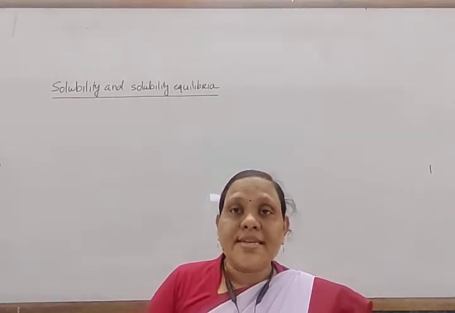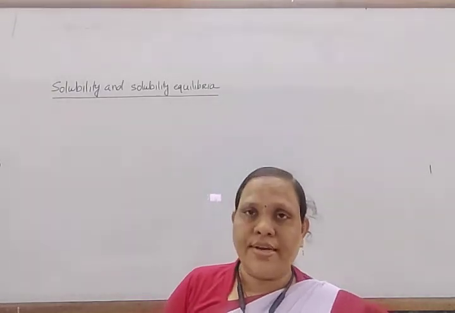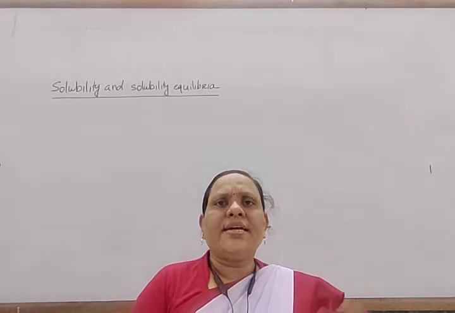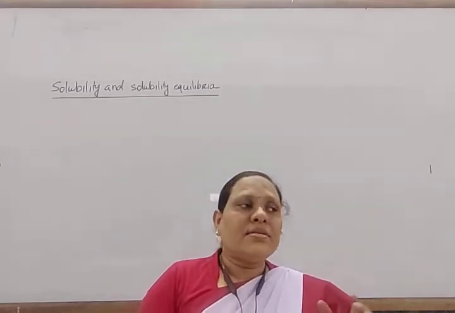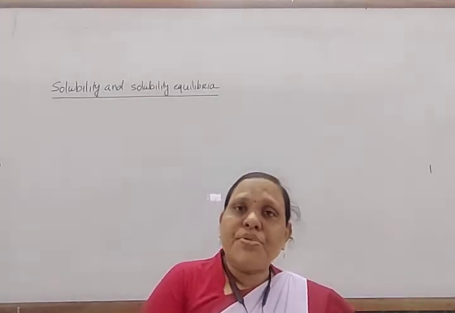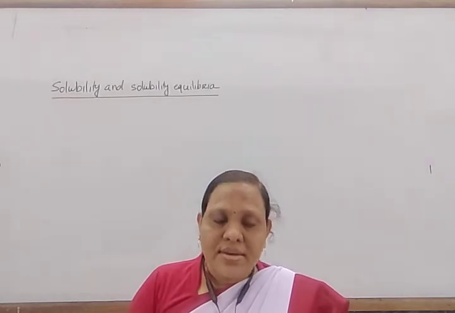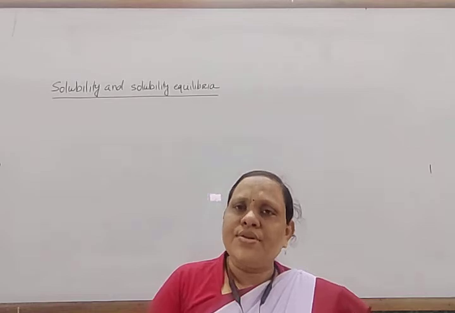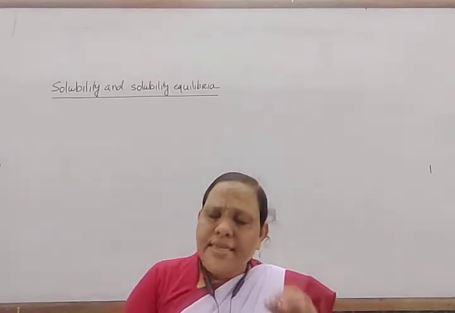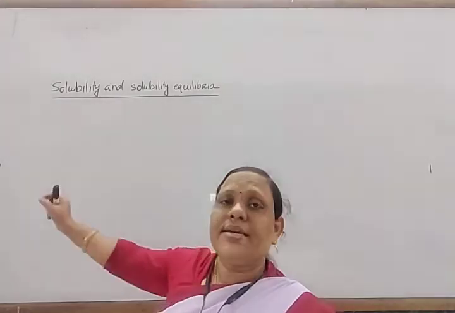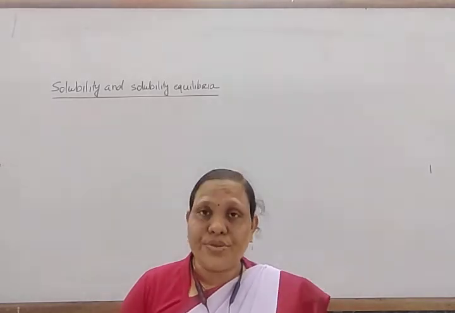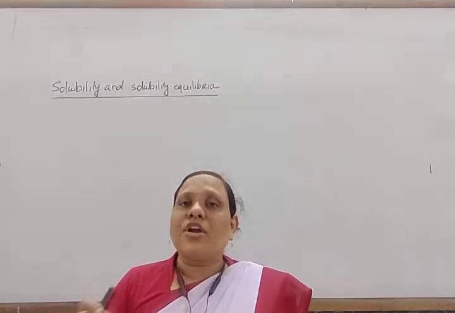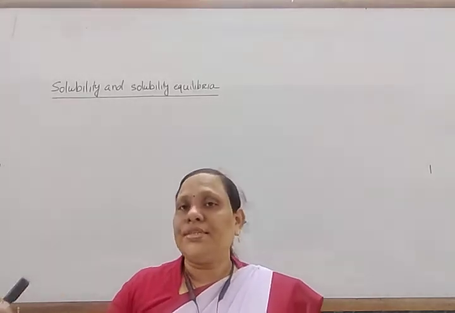Water is taken as the universal solvent because of its high dielectric constant, its polarity, and the difference between the melting point and boiling point is more. In this way it is taken as the universal solvent. So particularly here we are going to discuss a solution where the solute is solid and the solvent is a liquid, that is water.